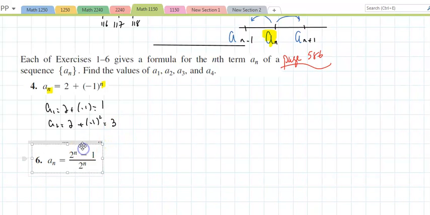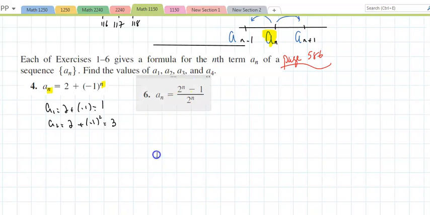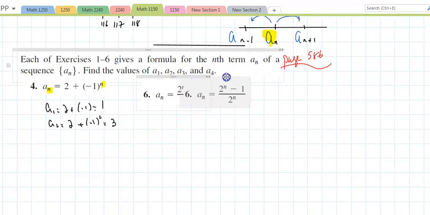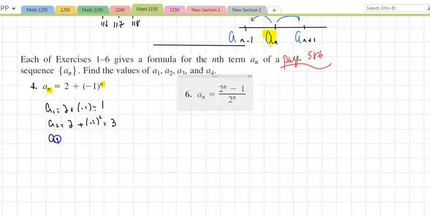And a sub 3 is 2 plus a negative 1 cubed. Isn't that a 1? How about a sub 4? 2 plus a negative 1 to the 4th. Isn't that a 3? So this sequence consists of 1, 3, 1, 3.